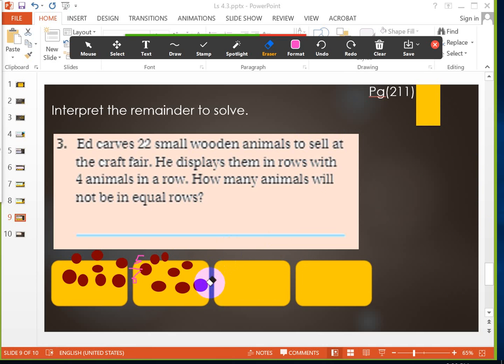He displays them in rows with 4 animals in a row. How many animals will not be in equal rows? Okay, thank you so much, Kinda.